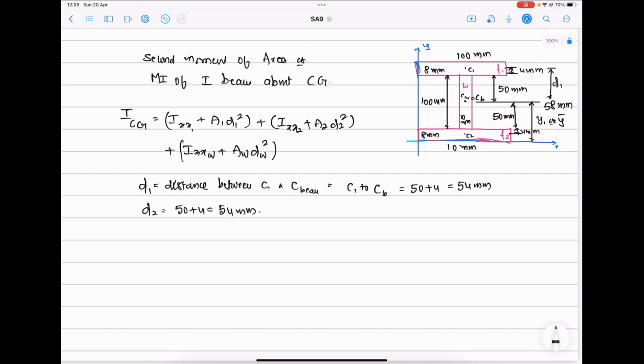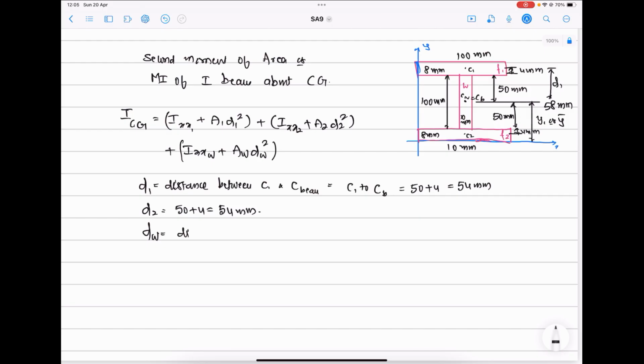Now, D web is the distance between the center of gravity of the web and the center of gravity of the beam. Because of the symmetry, the center of gravity of the web and the center of gravity of the beam are lying at the same point.